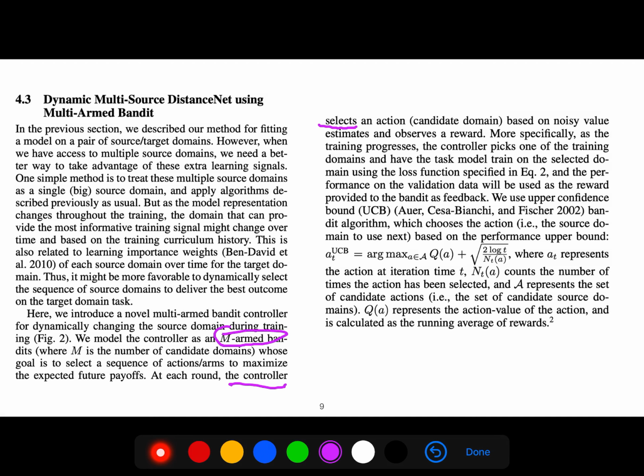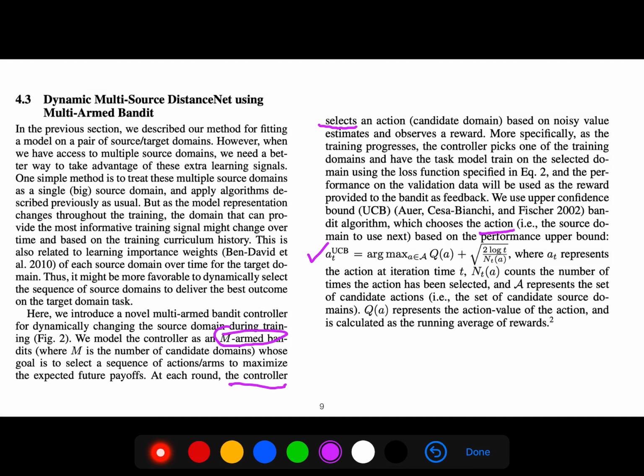So we use the upper confidence bound bandit algorithm, which chooses the action based on the performance upper bound. So this is the upper bound. We call it the upper confidence bound. And A sub t is the action at iteration time t. So at each time we say which domain should be selected. What is our action?